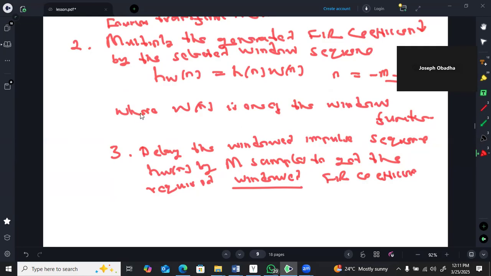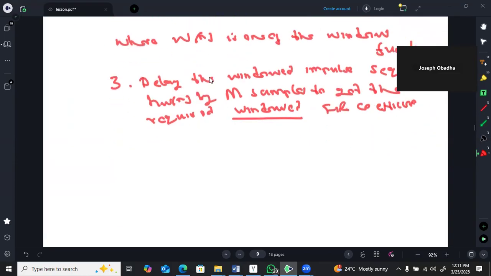Of course, we use the same formula that we had used previously, that is, h(n) equal to h_w(n minus M), for n equal to 0, 1, up to 2M.